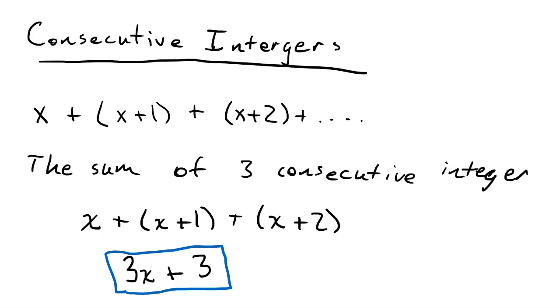Now with this, we can also define how to write consecutive even integers and express their sum. All we are going to do is replace this 1 with a 2, and then this 2 with a 4, and so on.